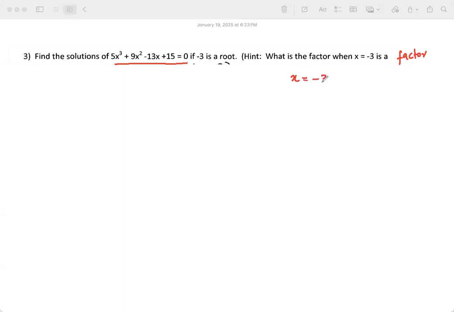X is equal to minus 3 means x plus 3 is a linear factor that goes evenly into this polynomial. This is a third degree polynomial. How will you find the other two roots? We don't know the nature of the roots. We want to know the nature of the two other roots.